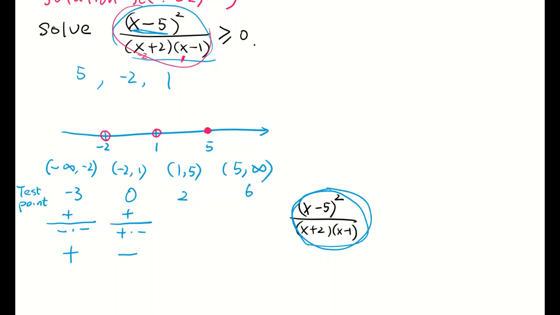Next one, check 2. 2 minus 5 squared, positive. Over 2 plus 2, positive, times 2 minus 1, positive. So overall positive. Next one, check 6. 6 minus 5 squared, positive. Over 6 plus 2, positive, times 6 minus 1, also positive. Overall, positive.